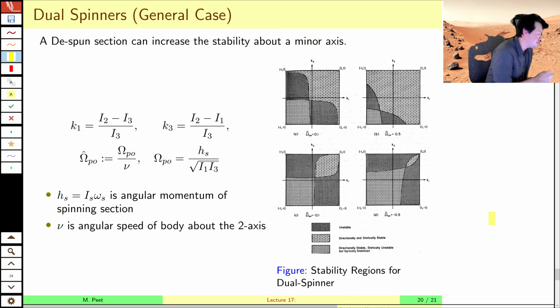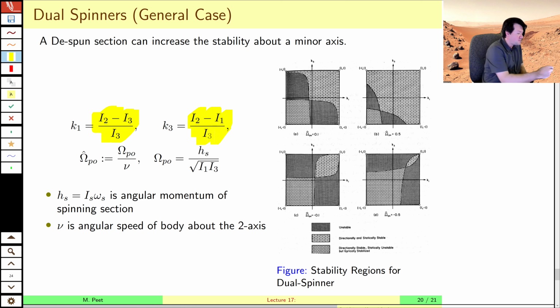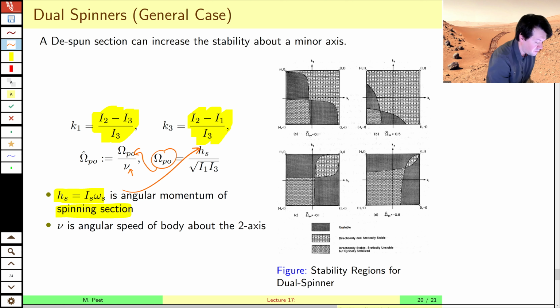So we have to calculate these factors here: the relative moments of inertia of the intermediate axis divided by the spinning axis, and the angular momentum of the spinning part of the spacecraft, the spinning section. So we calculate that, that goes over here. We use that to calculate this, which goes over there. There's a spin rate. And so we can make these plots for different values of our parameter omega p naught here. So that goes there, that goes there, that goes there.